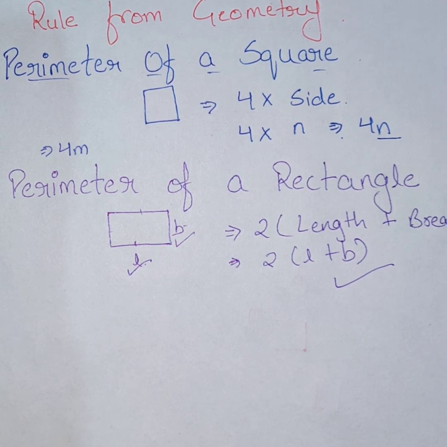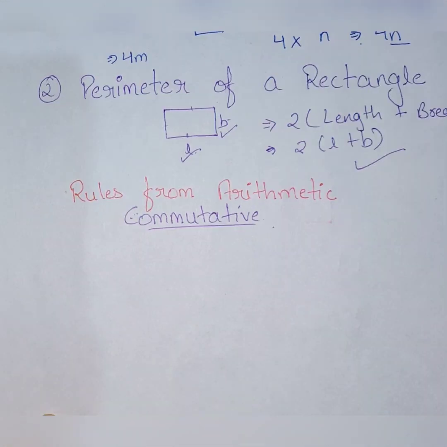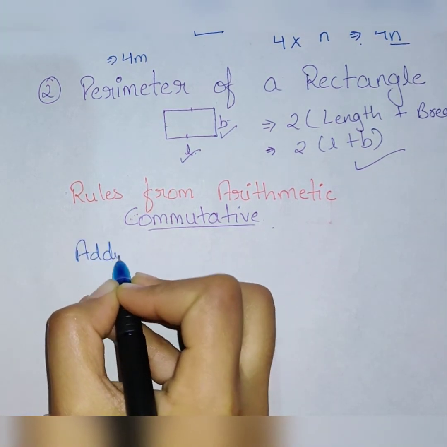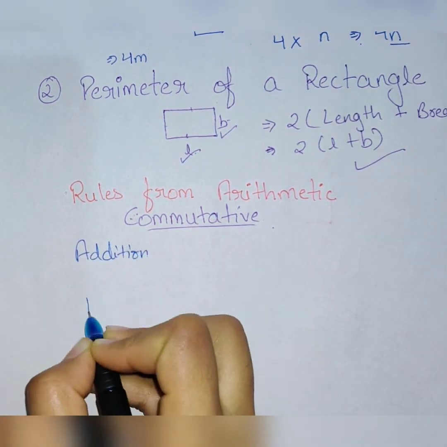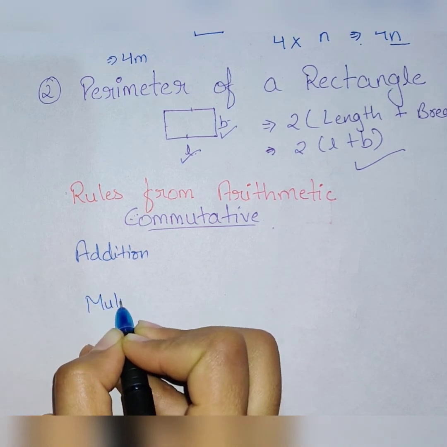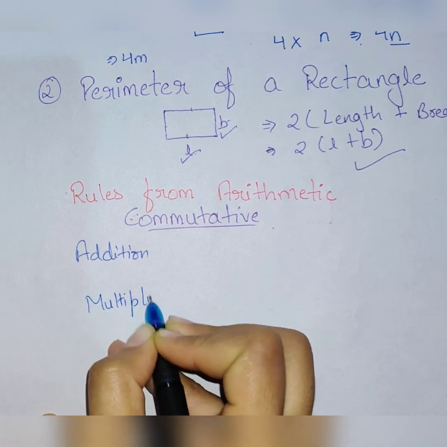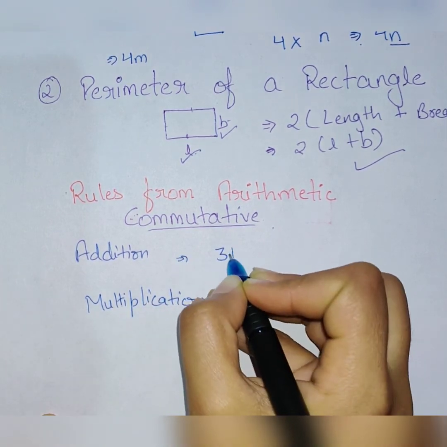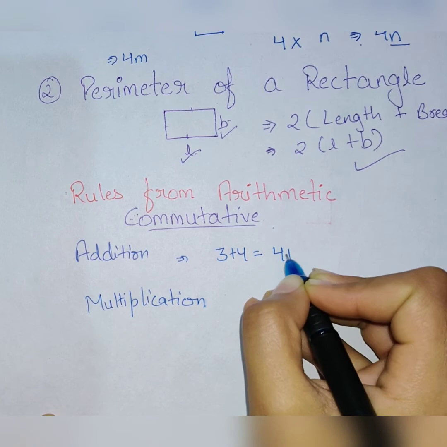Now next are rules from arithmetic, that is, the use of variables in arithmetic. You have studied the commutative property of addition and multiplication. In addition you have studied 3 plus 4 is equal to 4 plus 3.